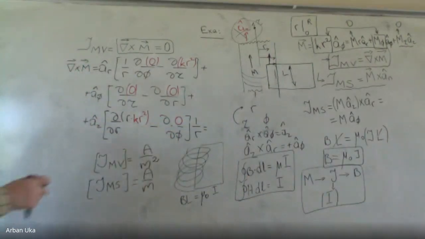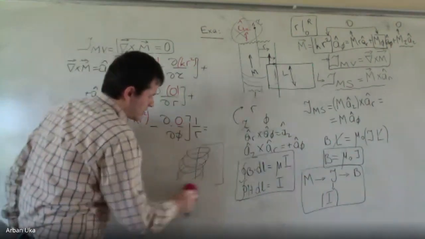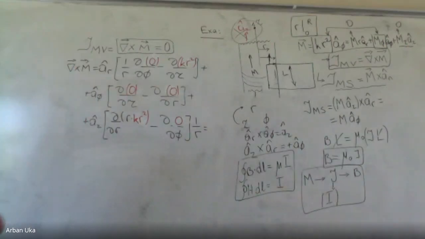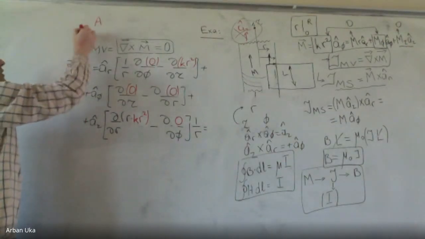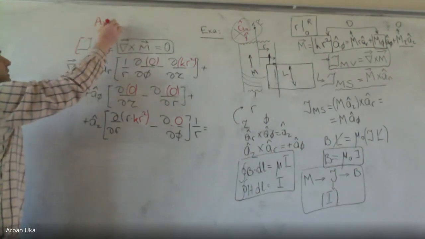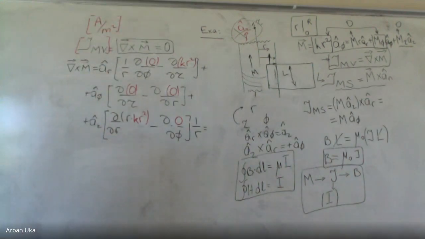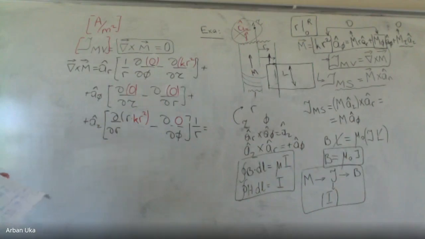So now let's have a look. I just erased it, but the unit of the current density that we may expect in this case should be ampere per meter squared. So let's try to get the final answer.